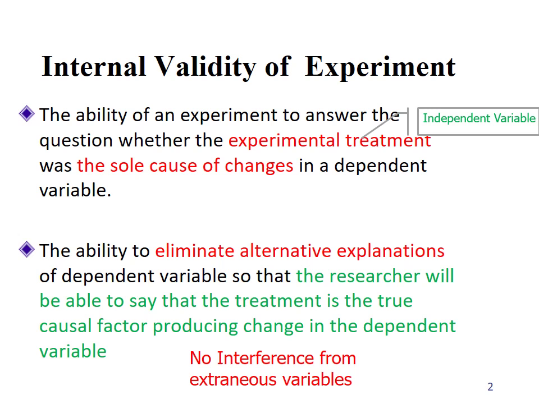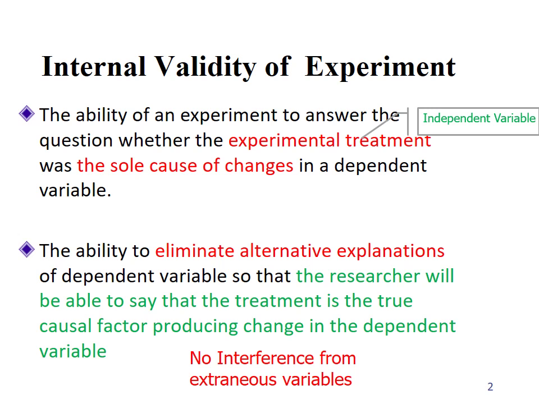That means no interference was there from extraneous variables. All the variables that the researcher doesn't need in his experiment have been controlled in order to eliminate their effect on the dependent variable. I hope this is clear.